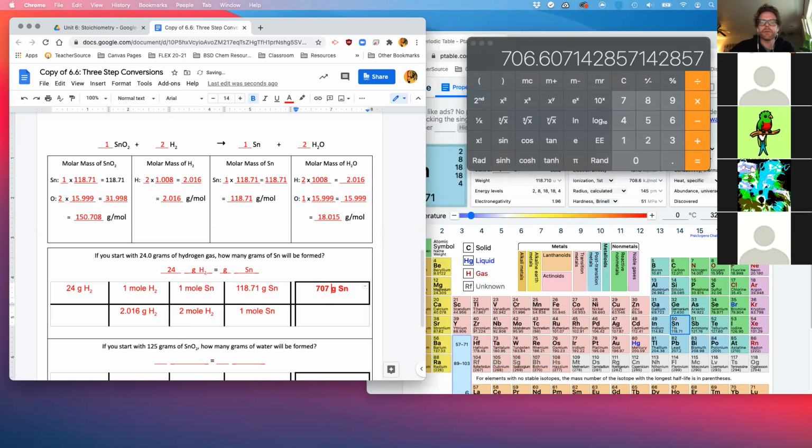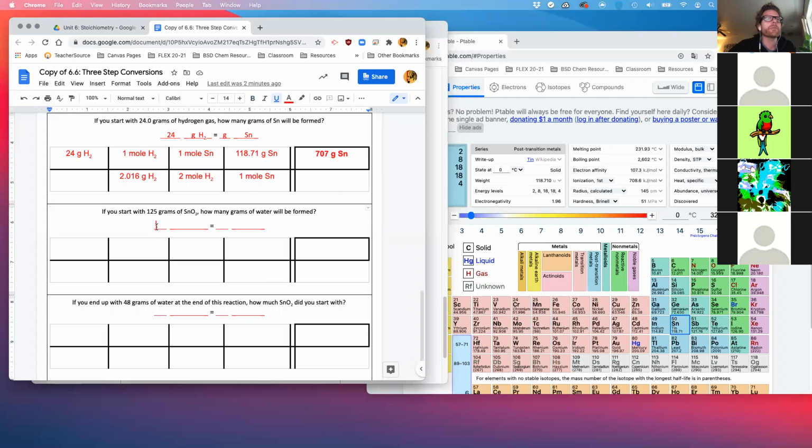All right, how'd you all do? All right, let's go ahead and do this one. I start with 125 grams of SnO2, and I want to know how many grams of water it'll be. Cool. So 125 grams of SnO2, and I can go to grams. I'm just going to copy this.